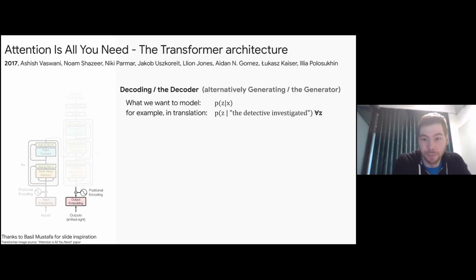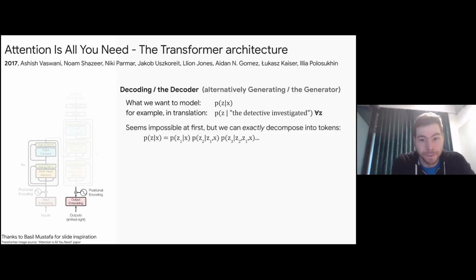But this sounds completely crazy and impossible. But there is a nice property that we can use to make it look immediately much more tractable, and that's the following rule of probabilities. We can decompose it, right? Z is a sequence of tokens of arbitrary length, but let's say a fixed length for now.